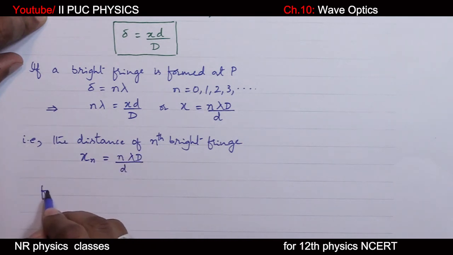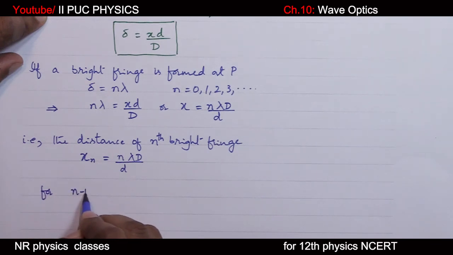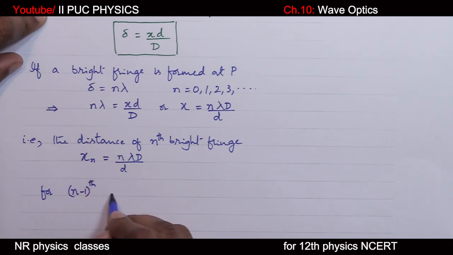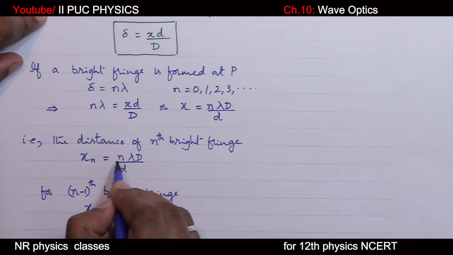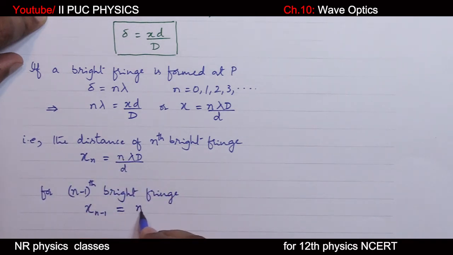Now for the n minus 1th bright fringe, x n minus 1. This is just a notation. In place of n, write n minus 1. So previous is n minus 1 lambda capital D by small d.